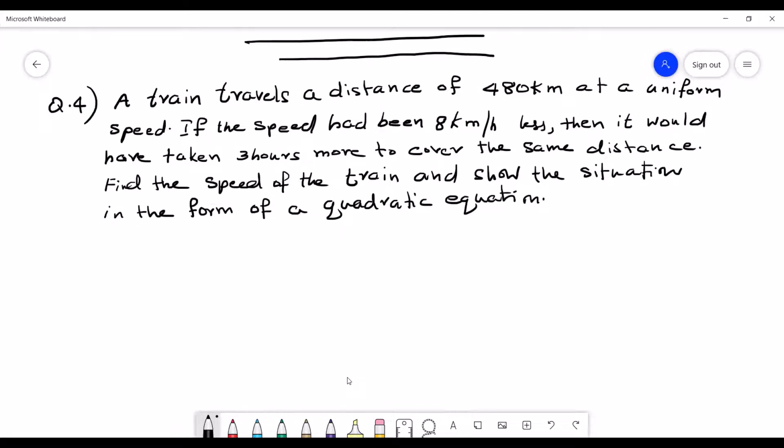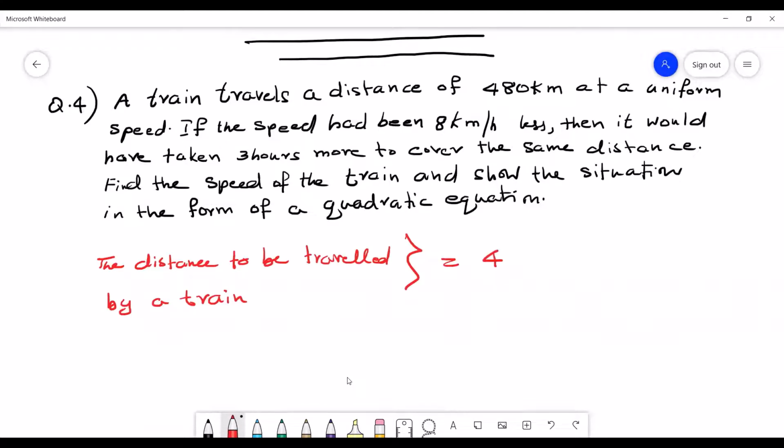So the distance to be traveled by the train is given as 480 kilometers, and this 480 kilometers doesn't change.